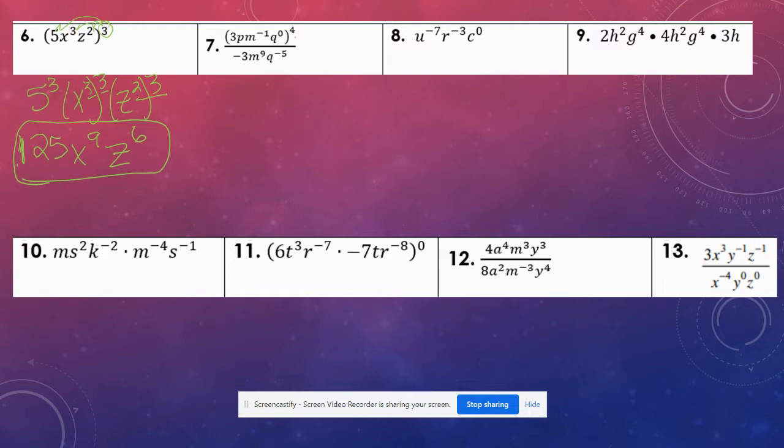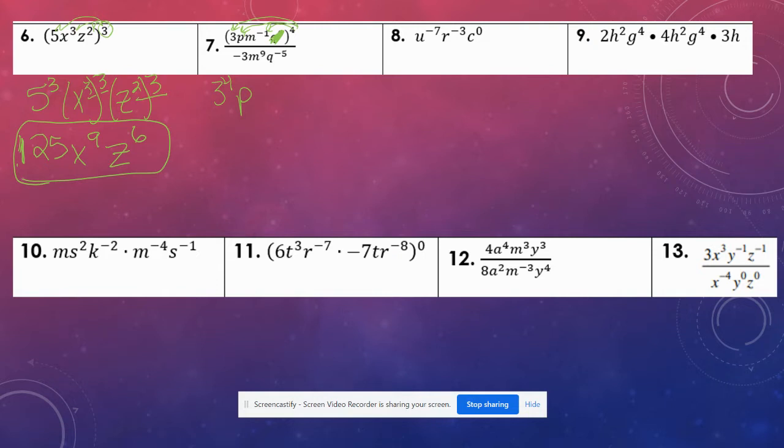For number 7, I'm going to start with this q to the 0 power. Anything to the 0 power is 1. So that's 1 times all that stuff in there, which is just 1, and I'm not going to worry about it then. This fourth power goes to the 3, the p, and the m to the negative first. So we have 3 to the fourth, p. Remember, this is p to the first.